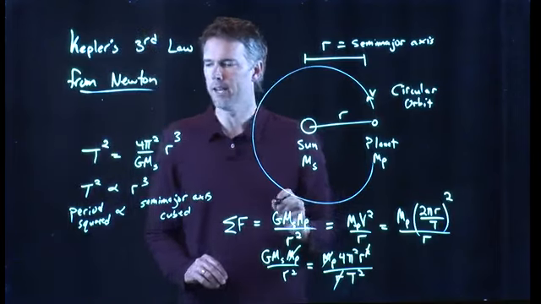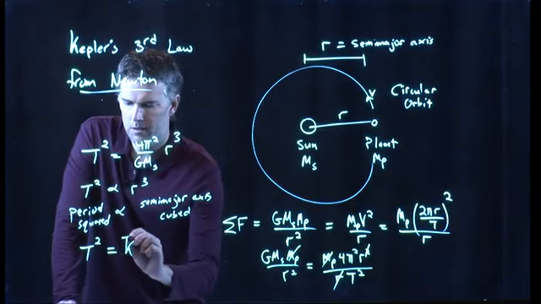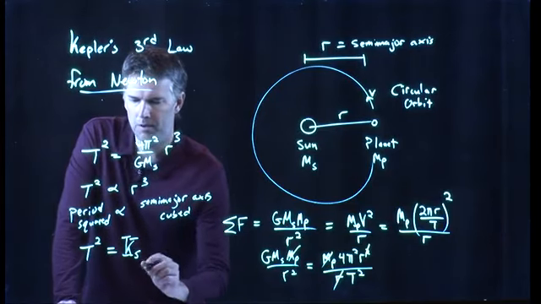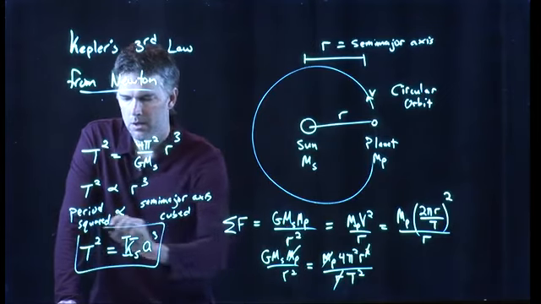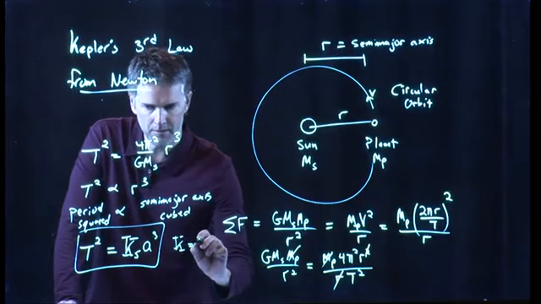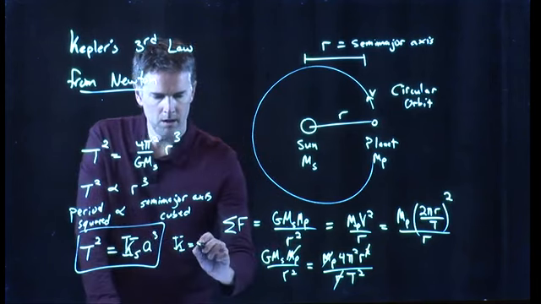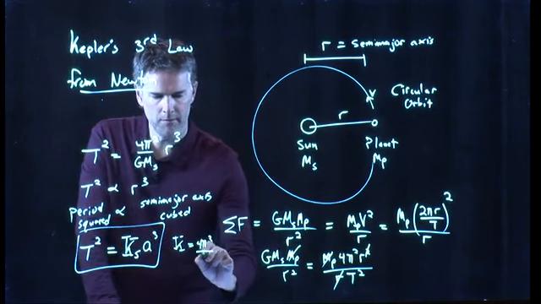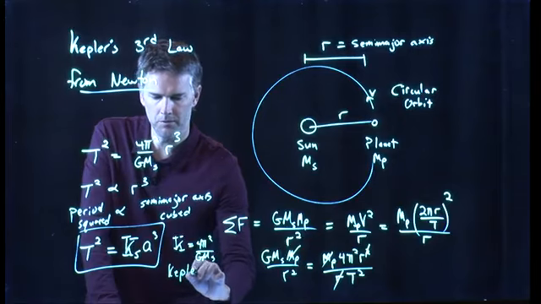And in fact, we can write down the following. T squared is equal to k sub s times a cubed, where k sub s is called the Kepler constant, and it has a value of 4 pi squared divided by G m sub s. This is Kepler's constant.